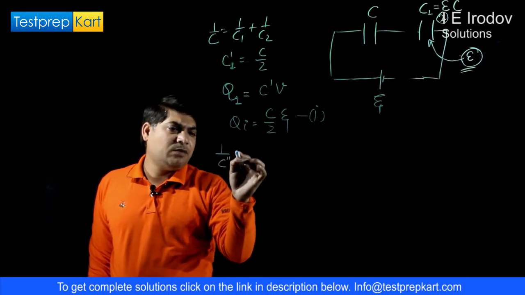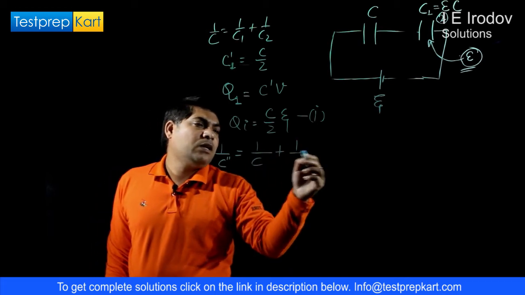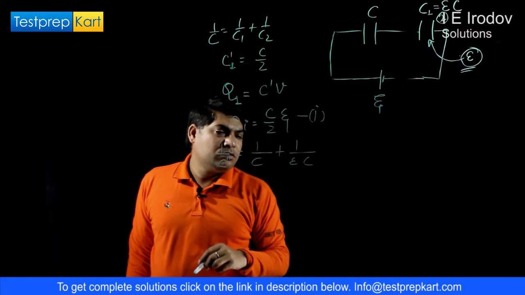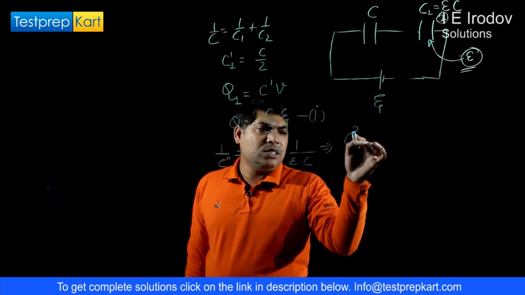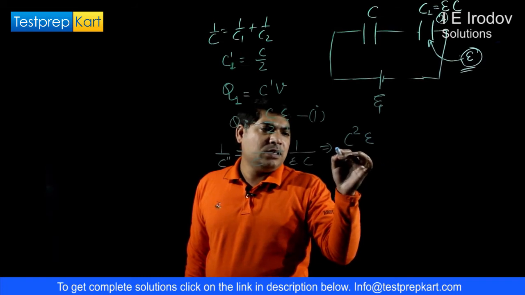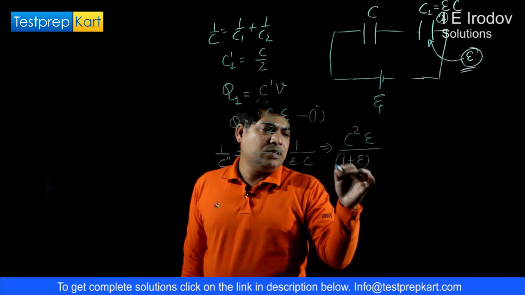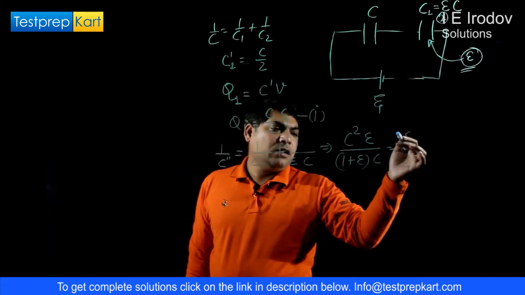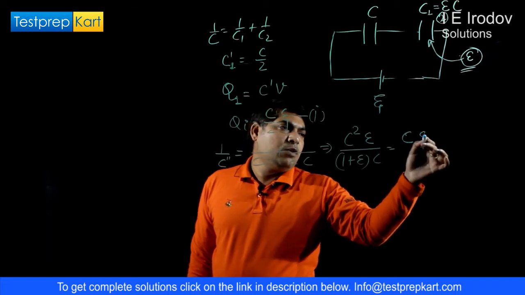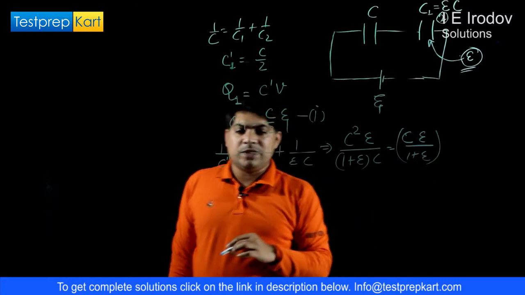Let's take 1 over C double dash is equal to 1 over C plus 1 over epsilon C. This is C square into epsilon divided by 1 plus epsilon into C. So from here we get C into epsilon upon 1 plus epsilon, the new effective capacitance.